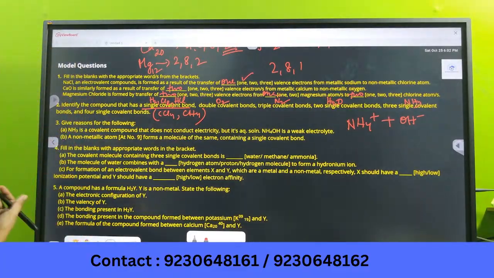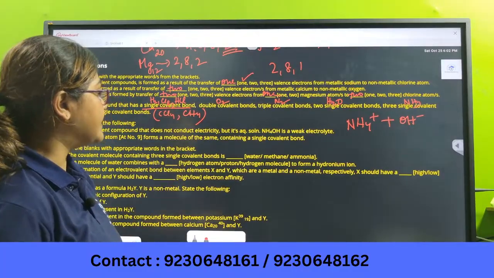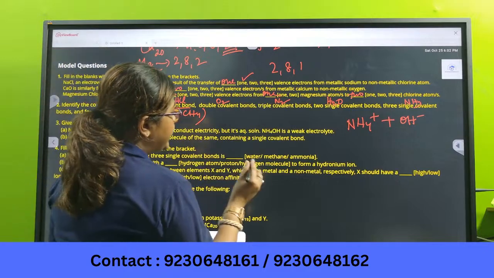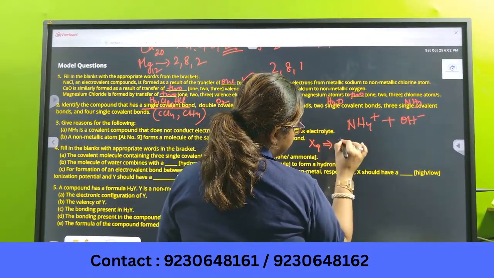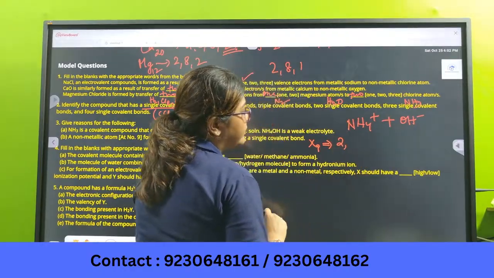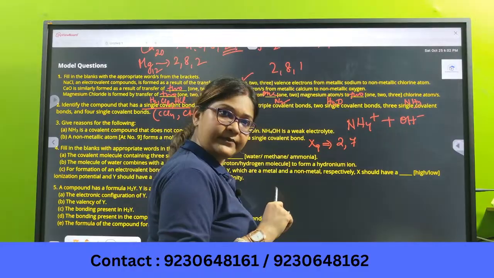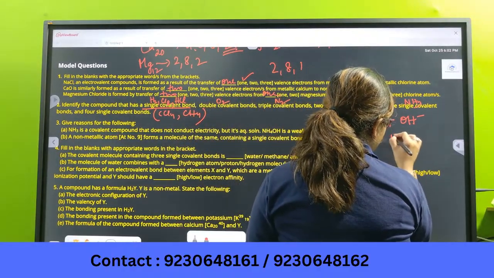A non-metallic atom with atomic number 9 forms a molecule of the same containing a single covalent bond. Atomic number 9 means, say X, it has got atomic number 9. That means its electronic configuration will be 2 and 7. So it will try to gain 1 electron.